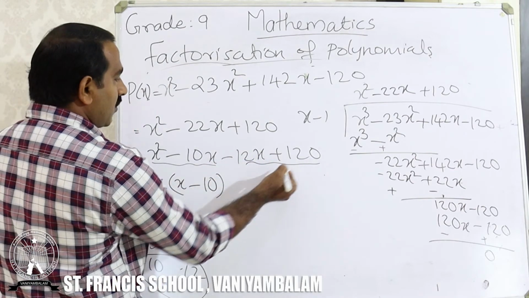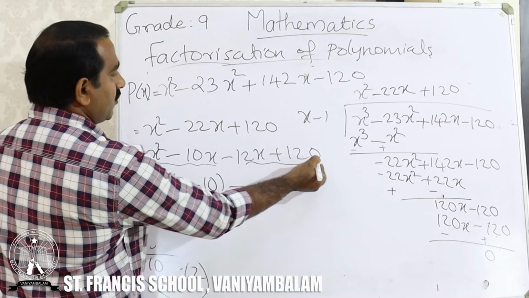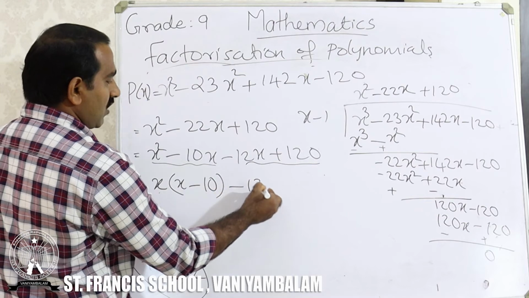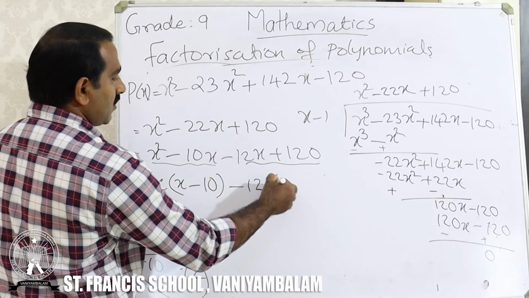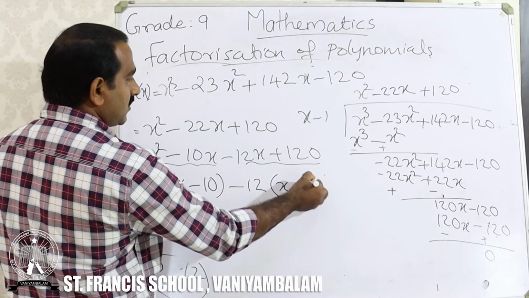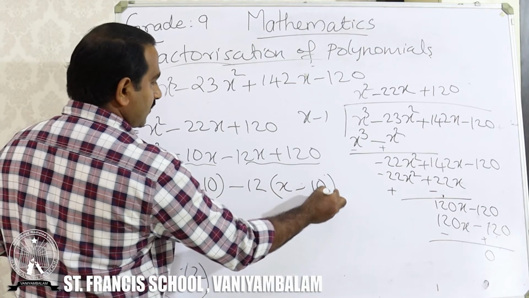Then third and fourth: minus 12x and plus 120. 12 and 120, what is common? Minus 12 is common, and what is left is x minus 10.